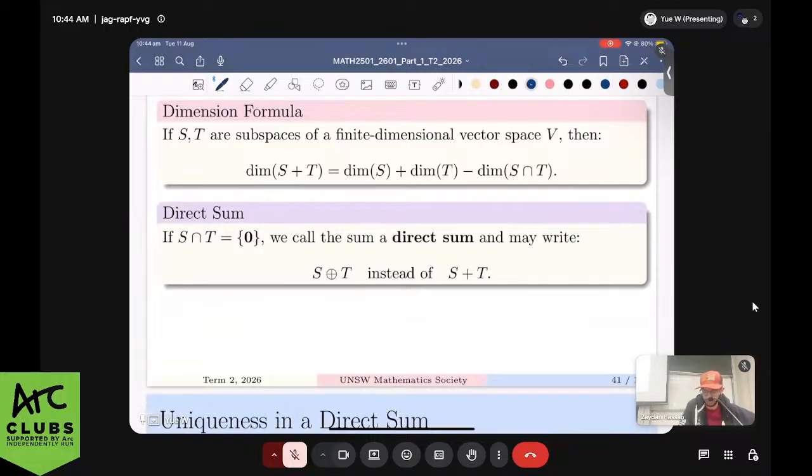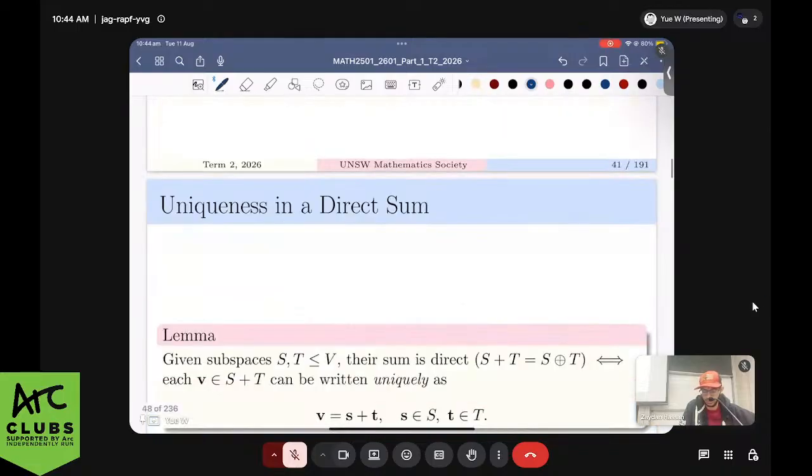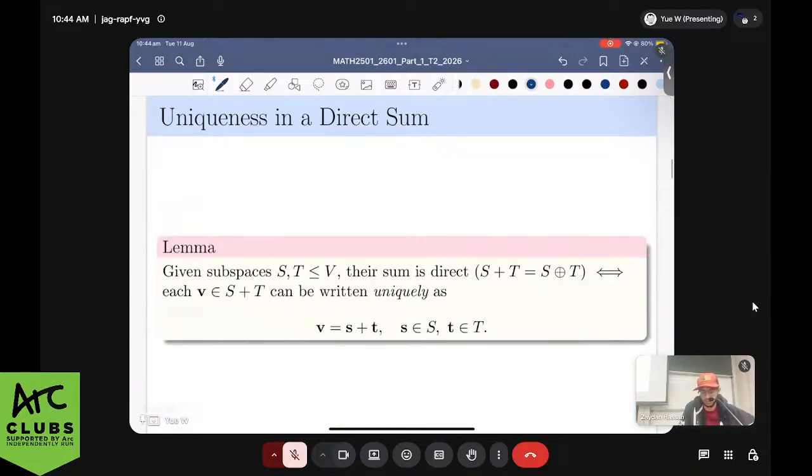Okay, so there's also a notion of a direct sum. A direct sum is still just the sum of subspaces, but you have another condition where the intersection of the spaces is trivial. But technically, the actual definition is that the representation is unique, which means any vector v in the sum has a unique representation s plus t. So this s is going to be unique for v.